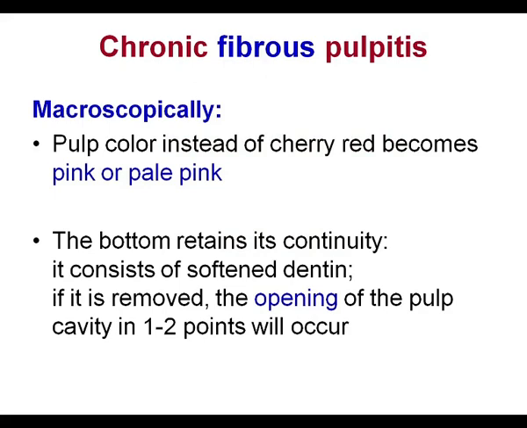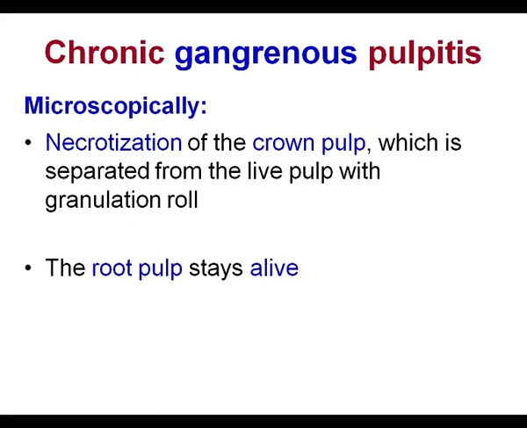Macroscopically, pulp color, instead of cherry red, becomes pink or pale pink due to growing fibrous tissue. The bottom retains its continuity. It consists of softening dentin. If it's removed, the opening of the pulp cavity in one or two points will occur.